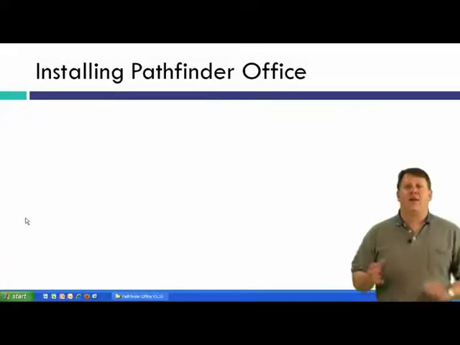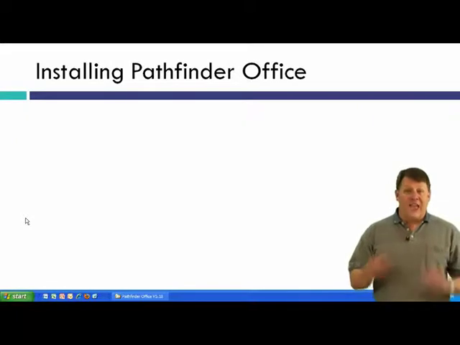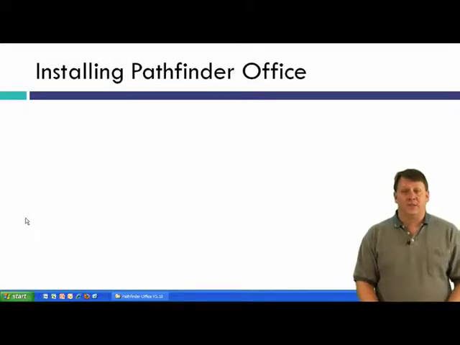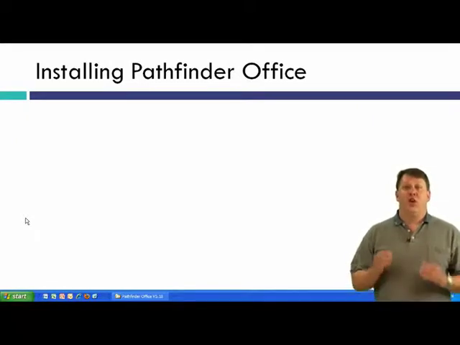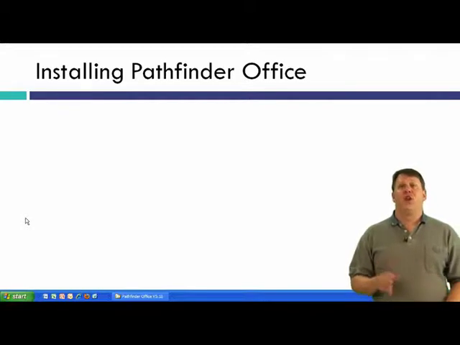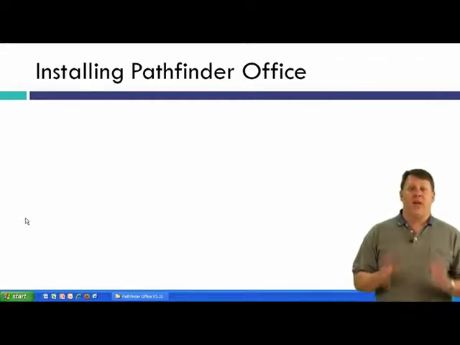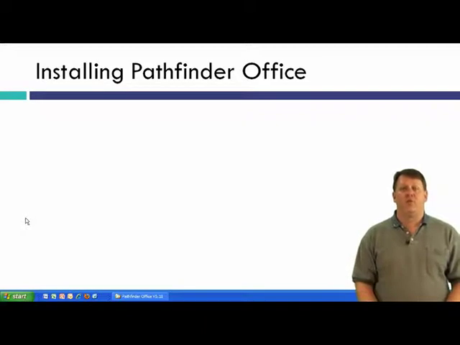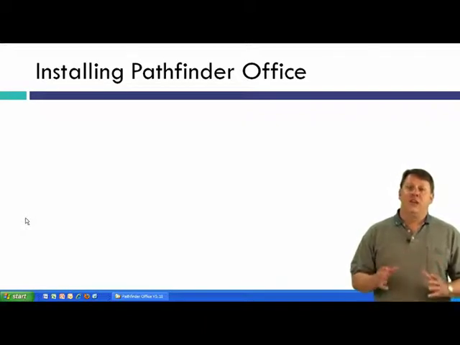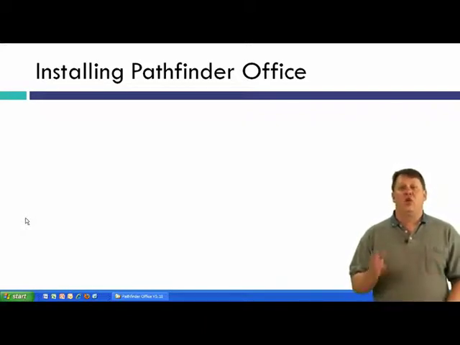Installing the Pathfinder Office software as a single-use license. What you should have done up to this point is gone ahead and downloaded the Pathfinder Office software from the Trimble support site. In addition, use My Computer or Windows Explorer and navigate to where that file was downloaded.